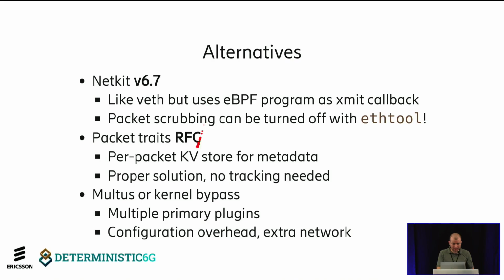you can do that. And of course, there is the proper solution, the packet traits, which I think can be preserved across namespaces, I'm pretty sure. And then you don't need the tracking, since those are preserved even if the packet is encapsulated, I guess.